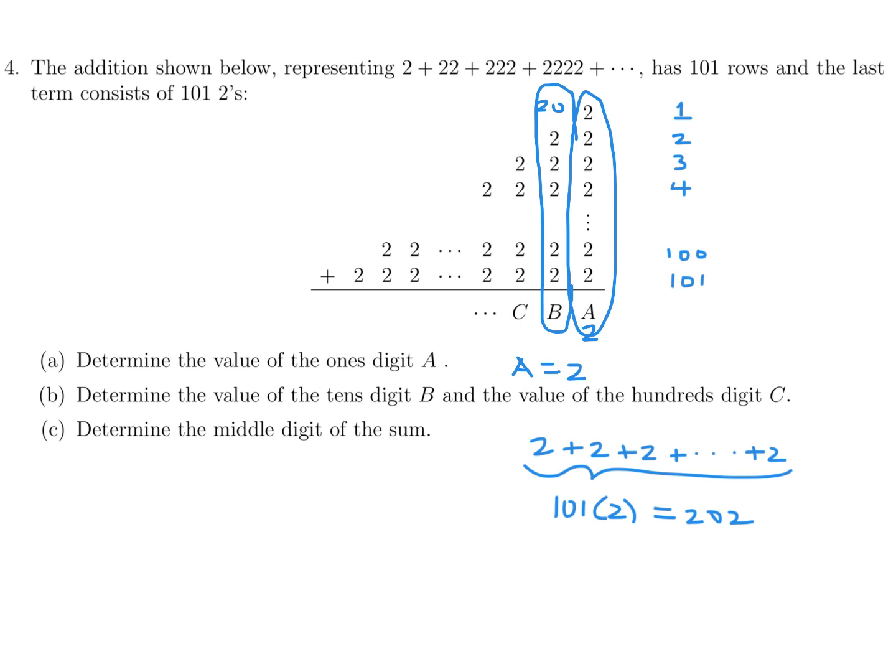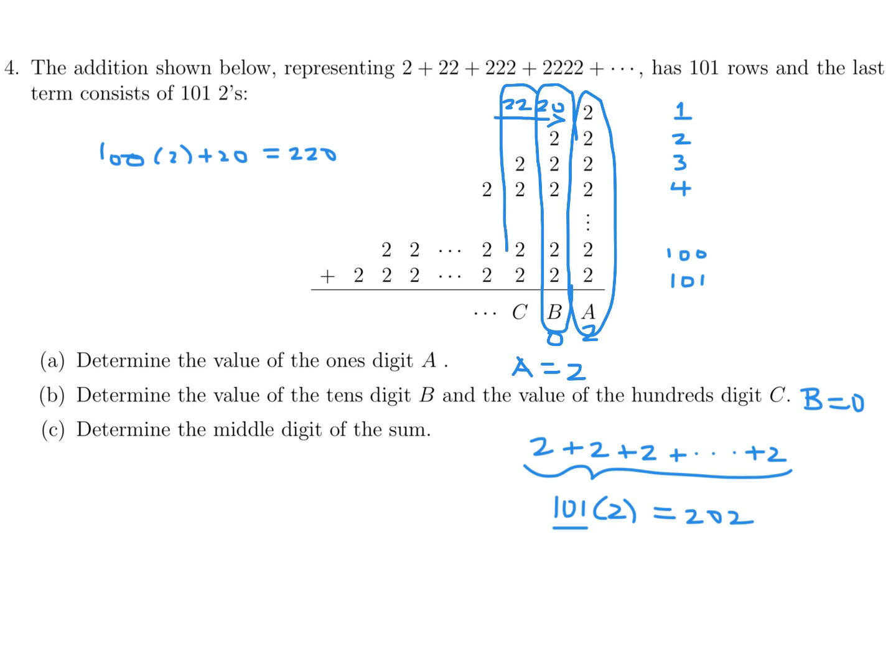But remember, there's no 2 here. So it's not 101 like it was. It's only 100 2's this time. So it's 100 2's. And then don't forget that 20. So it's 220. So because it's 220, that means this would be a 0. And then you carry that 22 up here. So B is a 0.